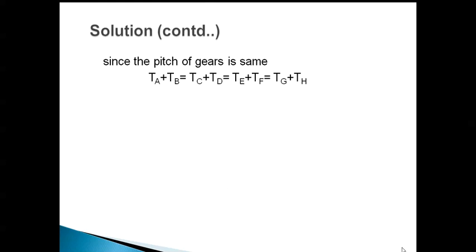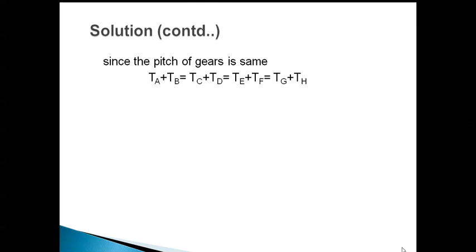Since the pitch of the gears is the same, and for reverted gear trains the center distance between the two gears is the same. For the correct meshing of two gears, the module and pitch of the gears must be the same.